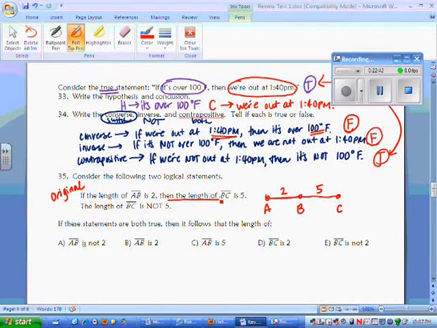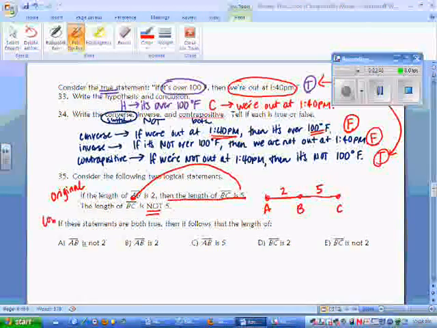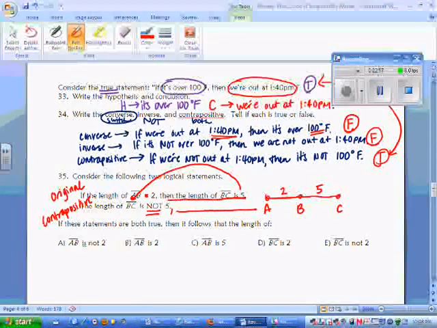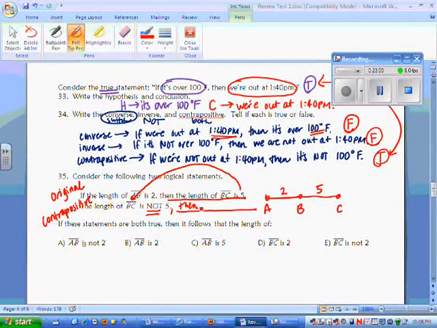And what they're giving me here is they're flipping it, moving this first, and adding a not, which would be the contrapositive. So what would be the leftover part of the statement? If the length of BC is not 5, then the length of AB is not 2.